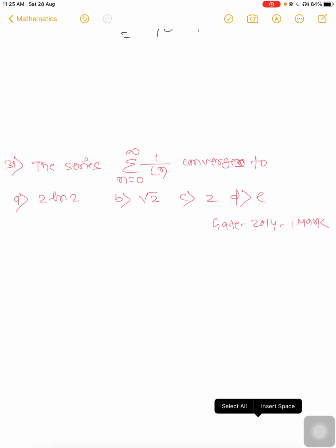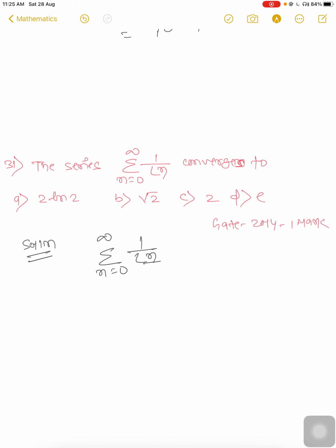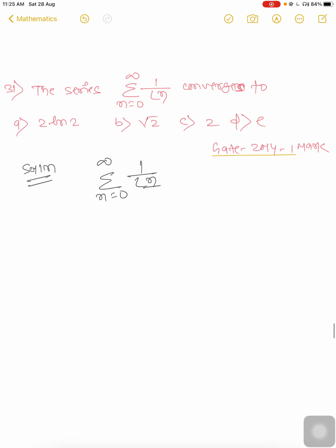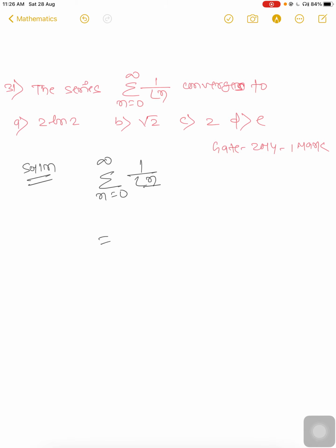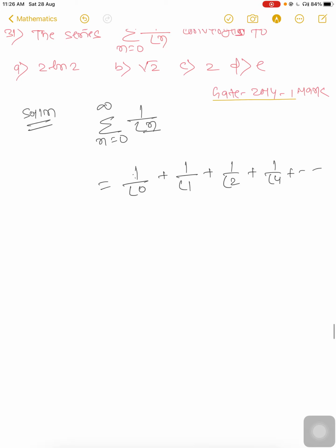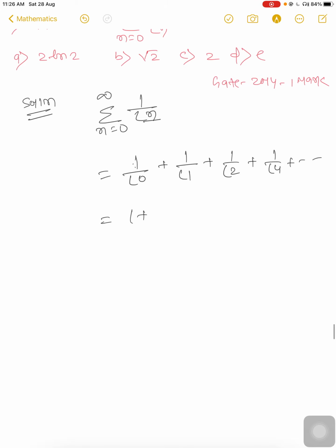The series converges to, given that n is equal to 0 to infinity. So put n = 0: 1 by factorial 0, 1 by factorial 1, 1 by factorial 2, factorial 3 and factorial 4.